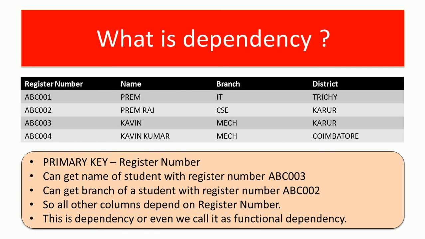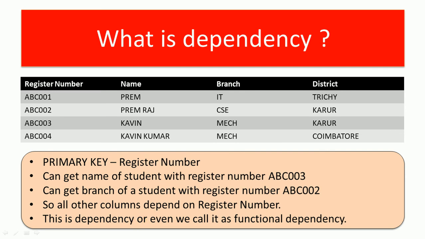Similarly, I can get the branch of a student whose register number is ABC002, and I can get the district of a student whose register number is ABC003. Even though there are two students with the same district, I can uniquely identify him or her with the register number. So this is the dependency. Name, branch and district, all three columns are completely dependent on register number. Change of register number changes all these values. So this is called dependency, or functional dependency.